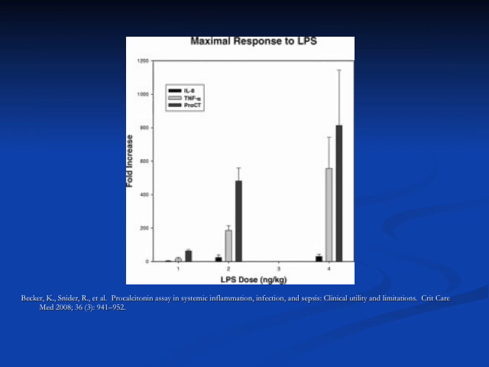I'm not sure who volunteered for these tests, but they measured IL-8, tumor necrosis factor, and procalcitonin, and found that IL-8 reached peak levels at 4 hours, tumor necrosis factor at 1.5 hours, and procalcitonin peaked at 24 hours. This reiterates that procalcitonin is stimulated by endotoxins.